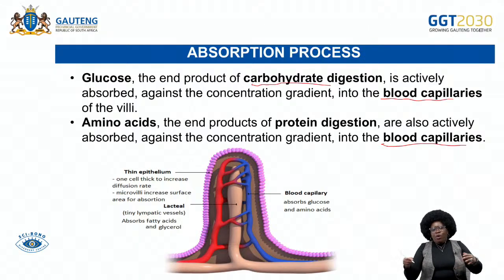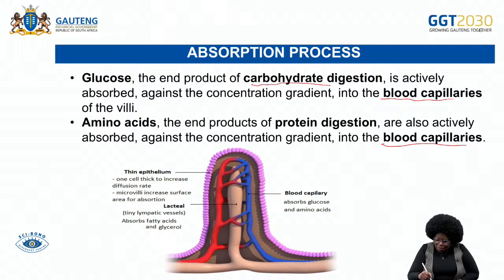Can you see? Once food is in our digestive tract, whatever is needed in the blood must be absorbed and go to the blood. You can see that we are mentioning end products of carbohydrates, end products of proteins, end products of fat digestion. Digested, it's now absorbed into our blood system.